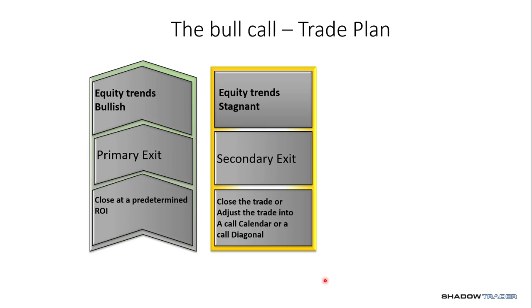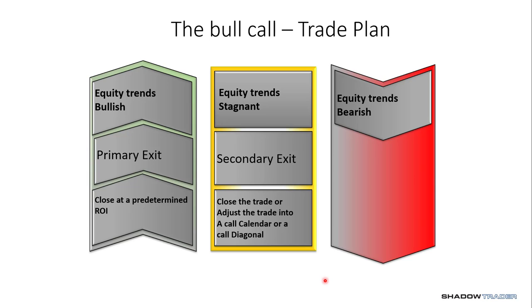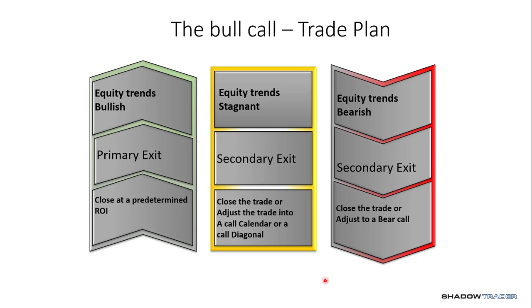Could be a calendar, could be a diagonal. If the equity is going down in price, I'm on the wrong side of the trend. Secondary exit comes into play. I could close the trade or adjust into another type of spread trade, possibly a bear call.